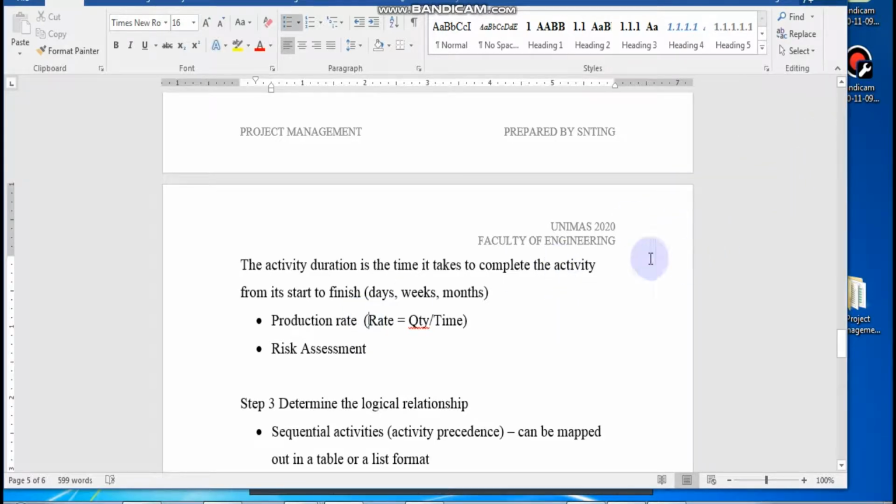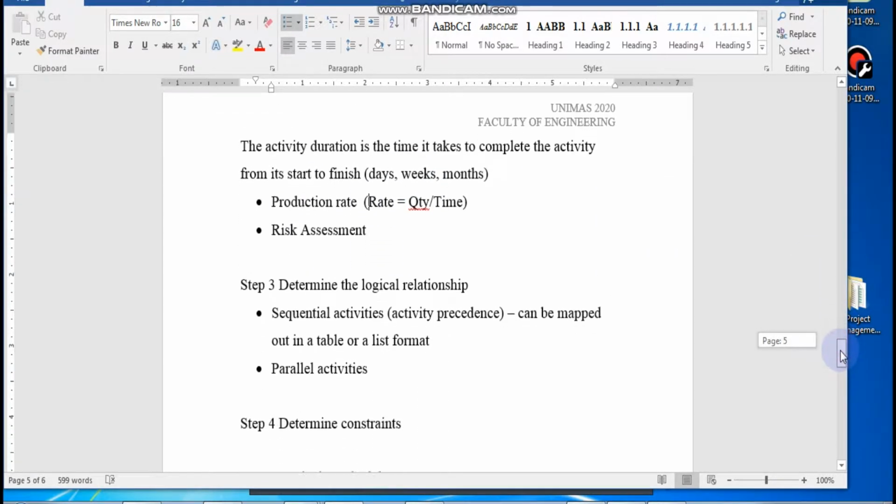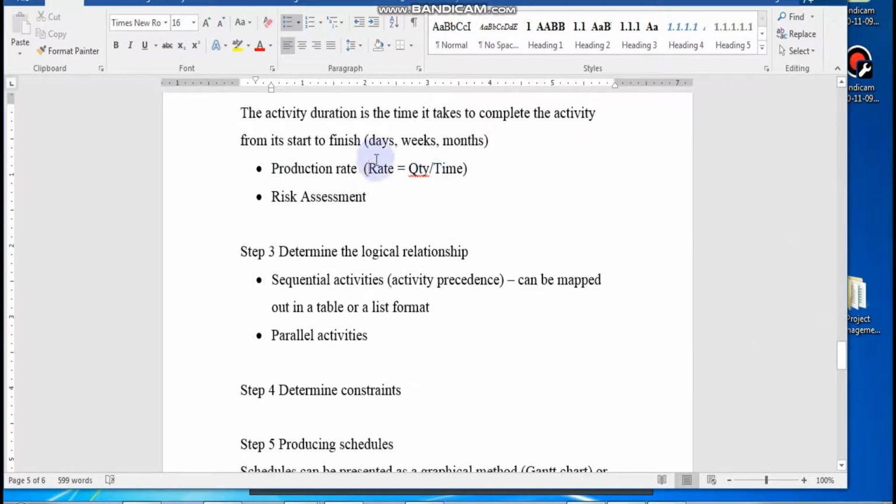Okay, so with this, you basically can draw your schedule now, isn't it? You know your time, you know your logical relationship. So if let's say there are some that you cannot get that production rate, you may want to bring in another team of people, and this is where you need to redetermine the logical relationship.